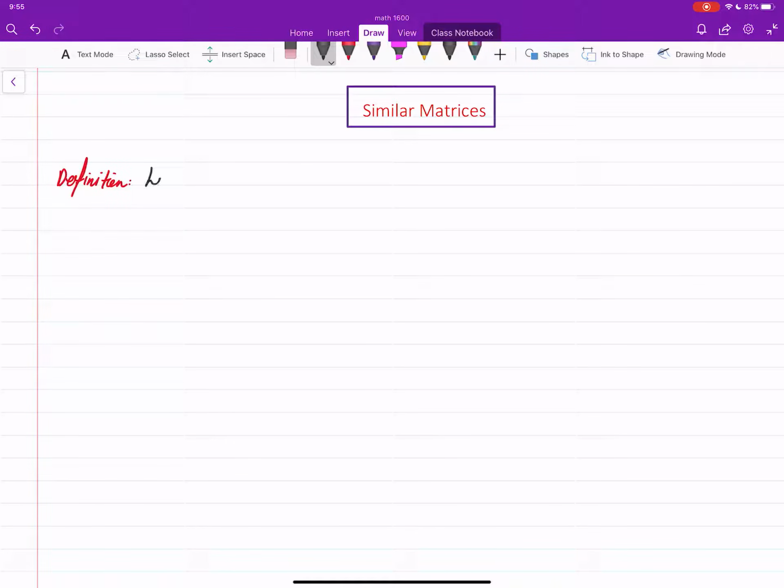First thing is that we consider square matrices. So let A and B be n by n matrices.